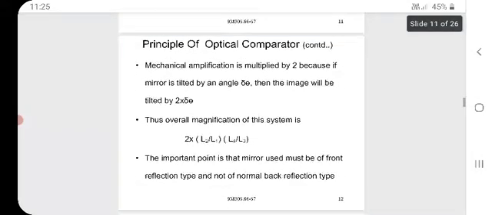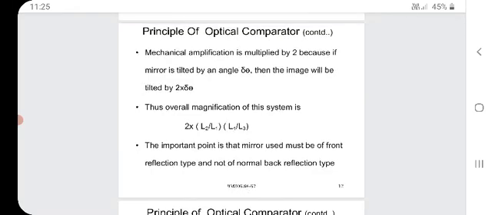Principle: mechanical amplification is multiplied by 2 because if the mirror is tilted by an angle delta theta, then the image will be tilted by 2 times delta theta.